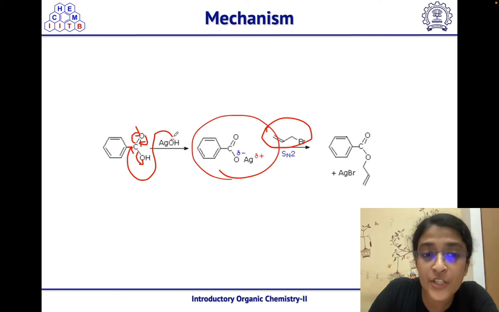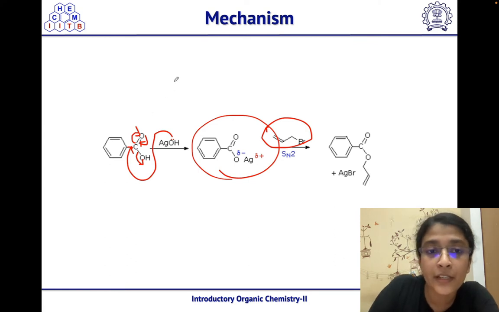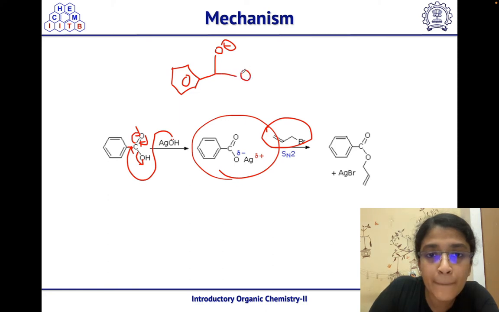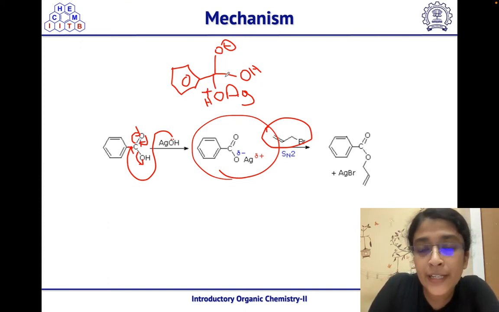This lone pair of electrons on this AgOH will undergo nucleophilic addition reaction to this electrophilic carboxylic acid center, and this carbon oxygen double bond electron density will break, and it will lead to formation of tetrahedral intermediate, like O minus, OH, and this kind of tetrahedral intermediate will form.